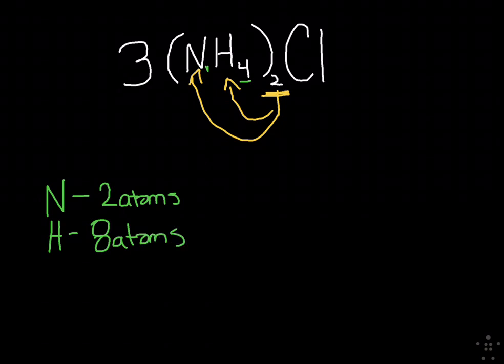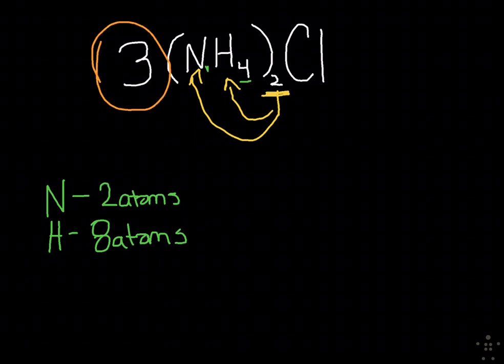So now that we have that, we're going to go ahead and start on the big coefficient, which is the number of molecules listed right here in orange. So now we have our big number of molecules, our coefficient. Now the coefficient has to multiply times the new values that we found in the parentheses.